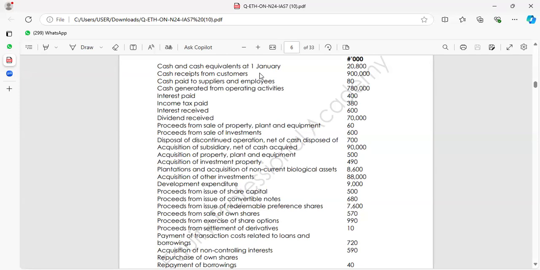Cash paid to suppliers and employees. Which activities?